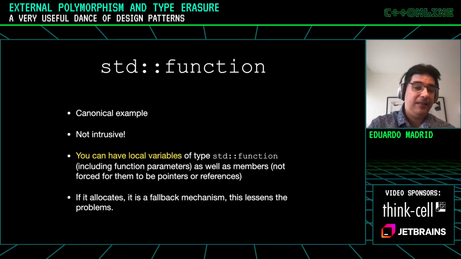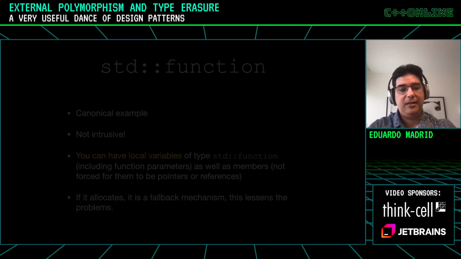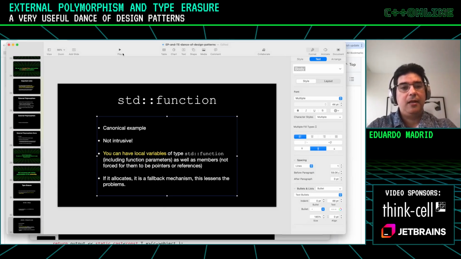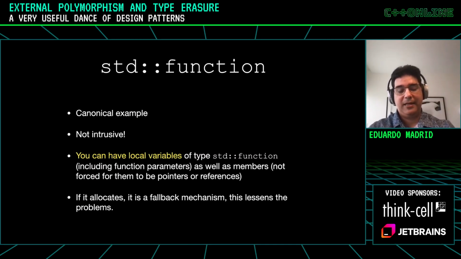You can also make them members. Another good thing about a standard function is that if it allocates, that is a fallback for some particular types that are too big or that have strange alignment requirements, and so on.